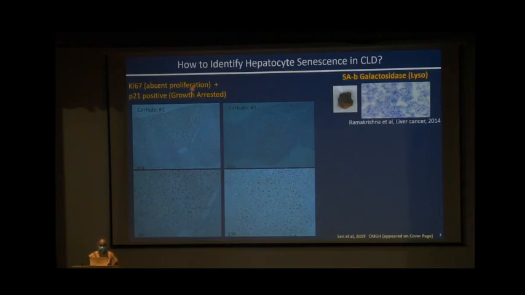So we used a battery of these markers, and as you can see, these are the low power and the high power images. Here in a cirrhotic liver, almost 70 to 80% of the hepatocyte nuclei are positively stained for P21, indicating that these are non-dividing cells.